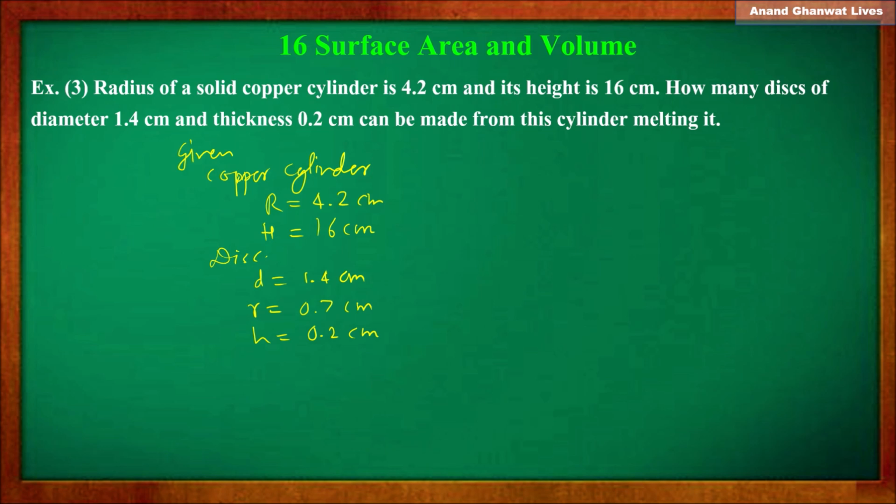So let us consider the number of discs that should be prepared from this volume of the cylinder. It is equal to volume of copper cylinder upon volume of disc.